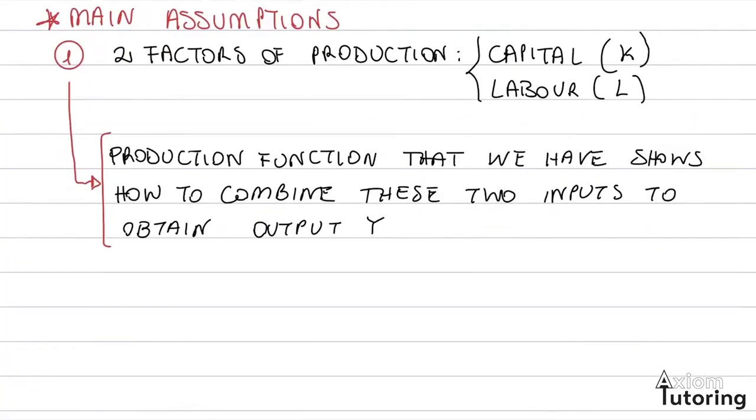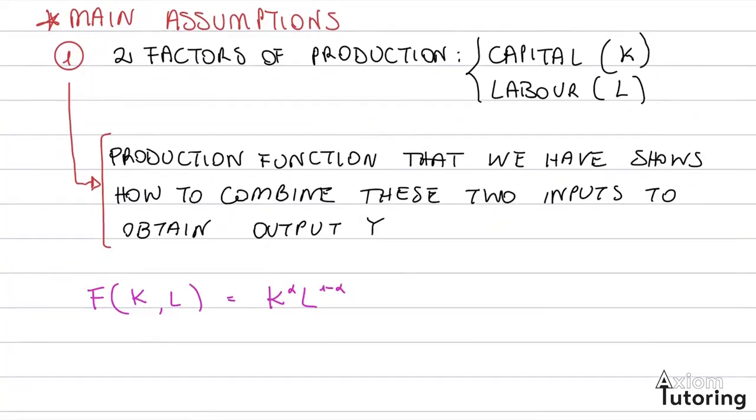If we were to give a form to this production function, for example, it could be something like the Cobb-Douglas shape, where we give a power, so two powers that add up to 1 to our two factors that multiply each other.